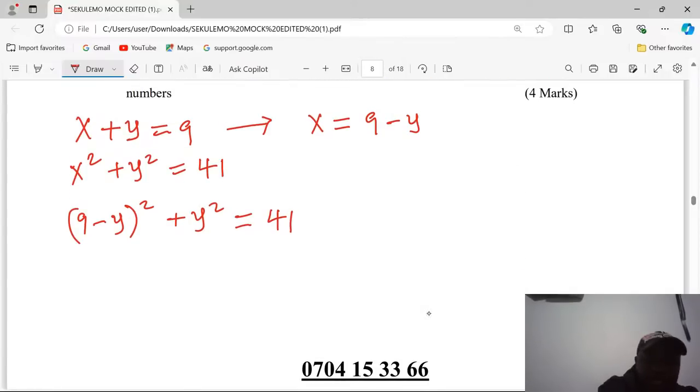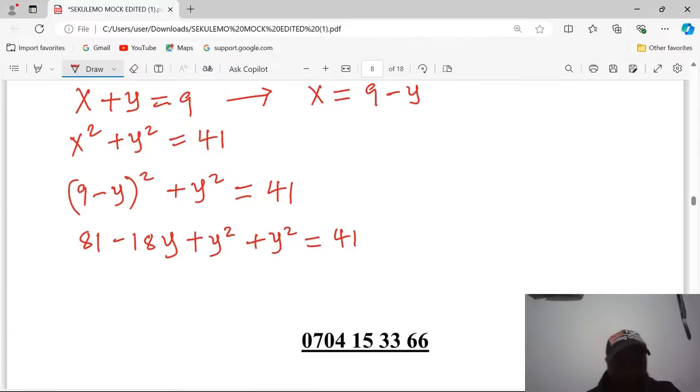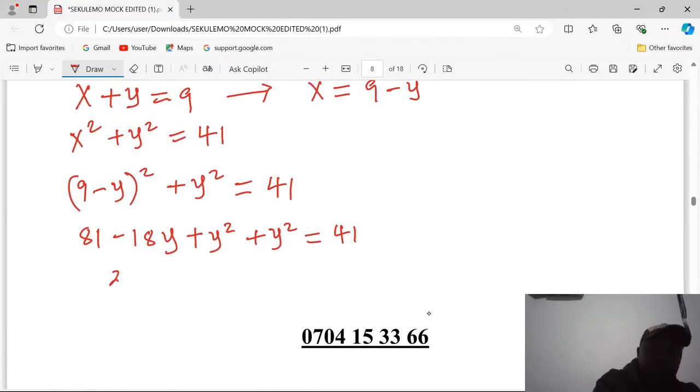We are working this out: 81 minus 18y, then we add y squared plus again y squared. We should get 41.